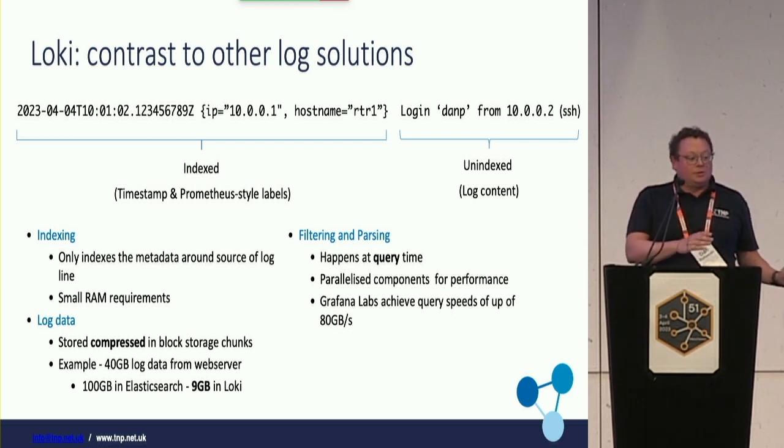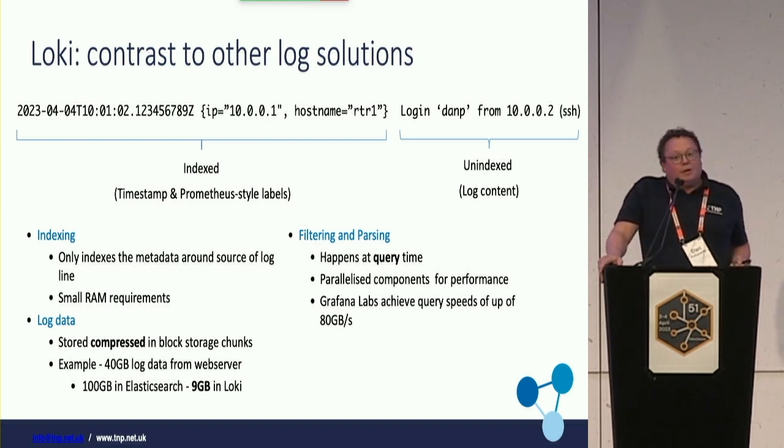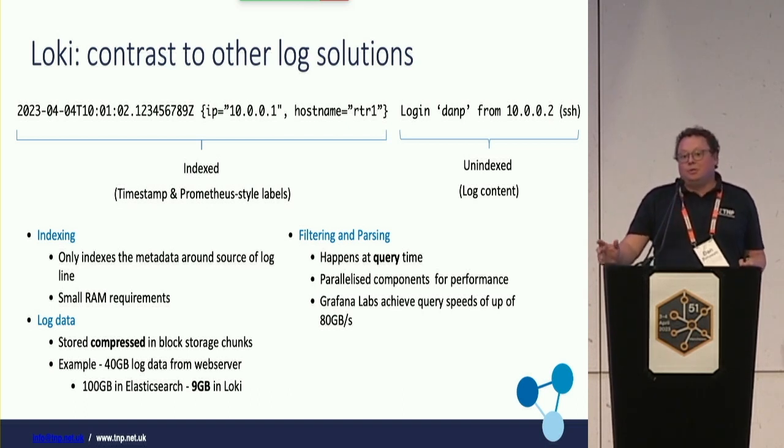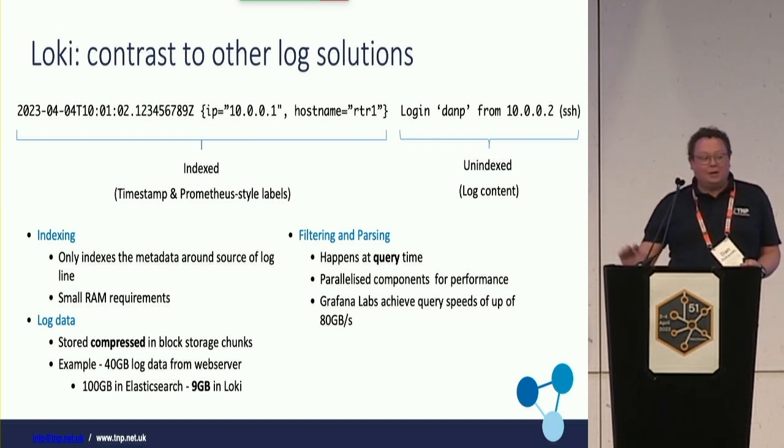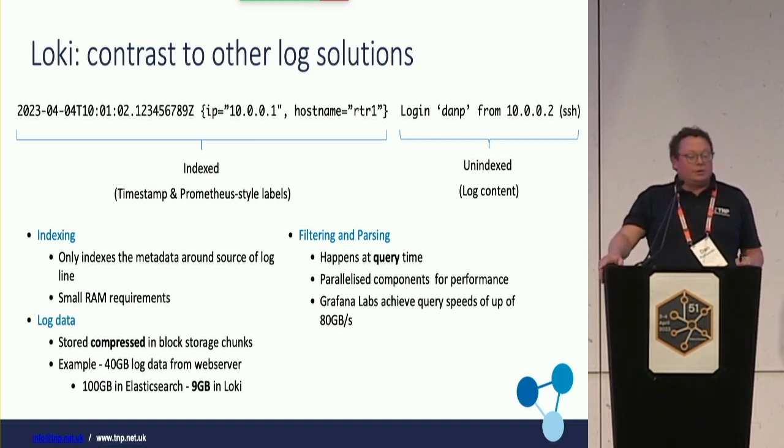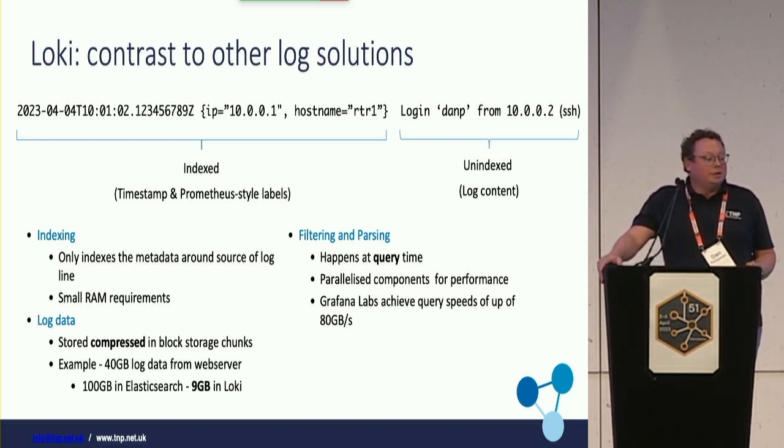That is indexed, but the actual content of the log is not indexed. That dramatically reduces the resource requirements for Loki. And in addition to that, the log content is stored compressed.